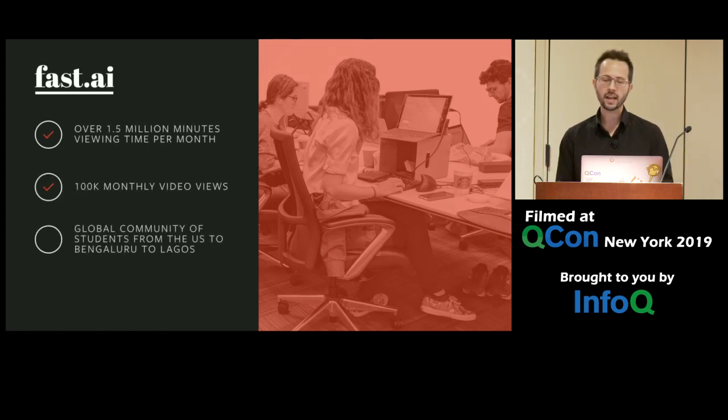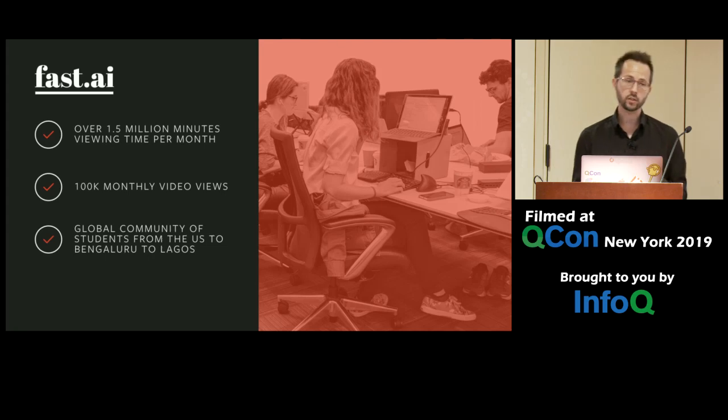FastAI is an online AI school that has just extraordinary stats around the numbers of people they reach and their global reach, and their ability to reach people all over the world and teach them the absolute latest in artificial intelligence techniques. They've just launched new courses, again in PyTorch, and they've done some great development of having easy-to-use beginner libraries that help someone become productive as a learner. And those courses and those libraries right now, the latest ones are around audio and vision, major areas of deep learning activity.